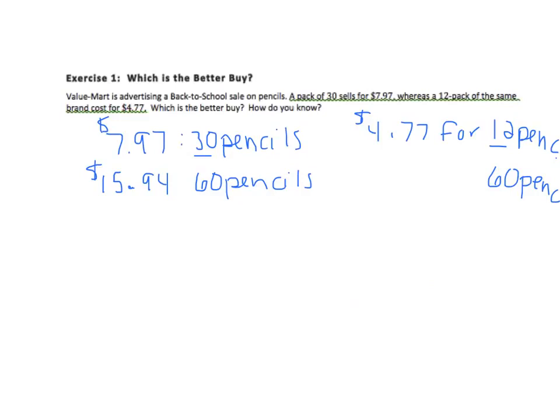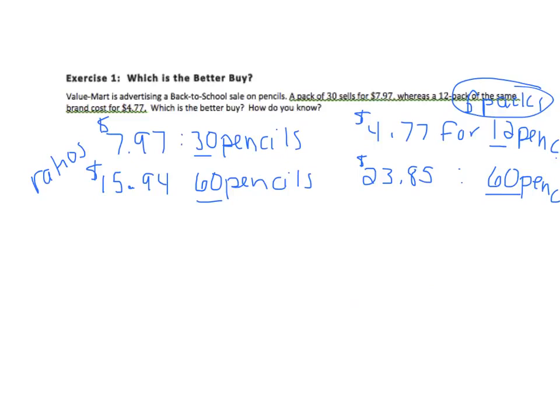And 12 goes into 60 5 times, so we would need 5 packs. So $4.77 times 5 is $23.85. So doing it this way, we wrote ratios with the same amount of pencils.